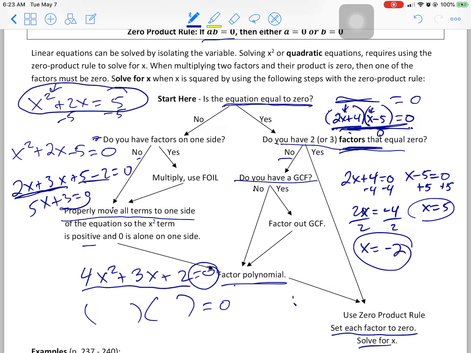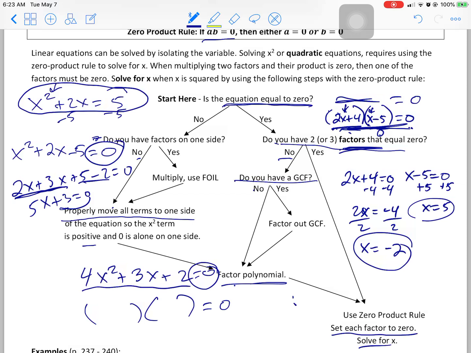Then you're going to move the 3 over, and that's how you handle linear equations. But when you're doing quadratic equations, the first thing you want to do is make sure you have everything on one side and you have all that equal to 0. So they're different than linear equations. Okay?